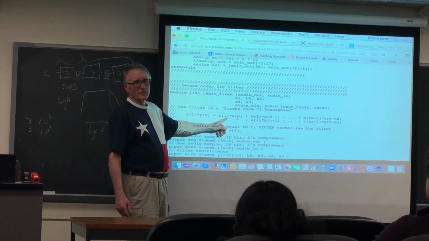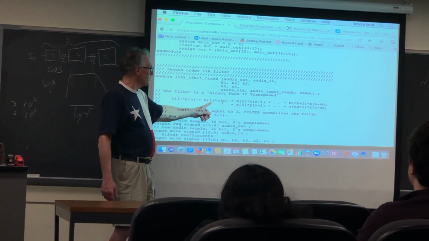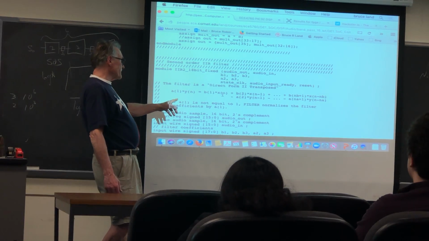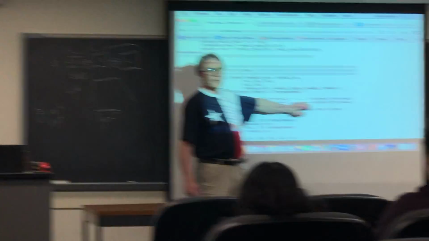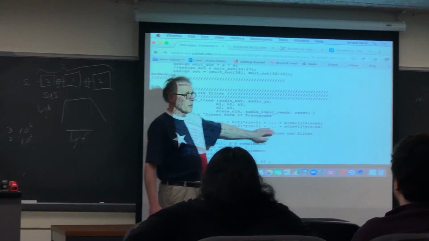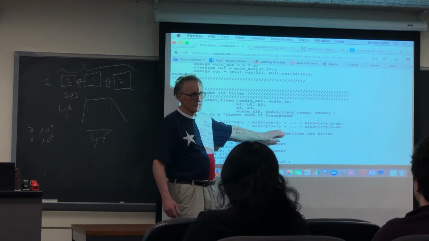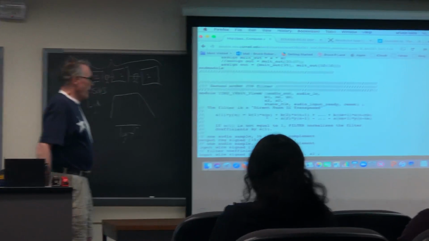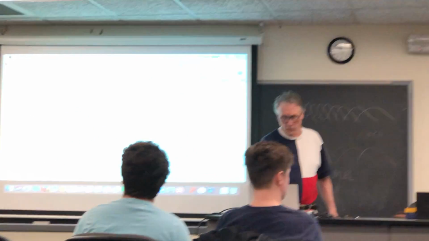That's my least favorite feature of MATLAB, one-based arrays, but never mind. So there's a series of input terms. The top line here is a finite impulse response filter. When we add any term on the second line, it becomes an infinite impulse response filter. And what I implemented here was just a two-pole filter.